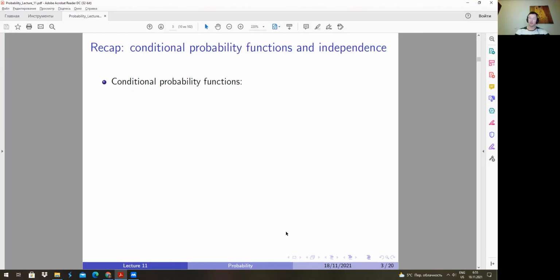So then, with the help of joint distribution functions and with the help of marginal probability functions, we can define the conditional probability functions. So the conditional probability mass function in the case if x is discrete is the following.